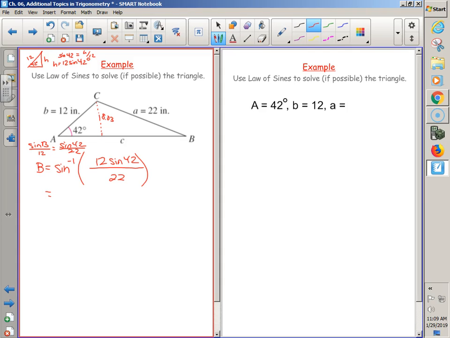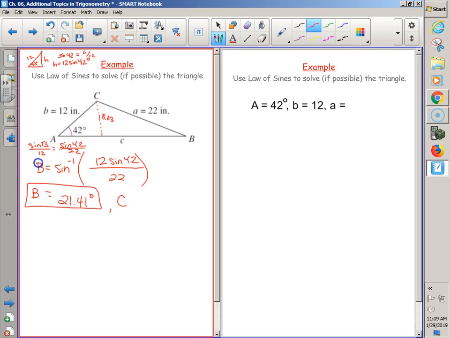Angle B. Do you get 21.41? Double check what you plugged in, but you're multiplying 12 by sine of A over A, or 12 times sine of 42 over 22.